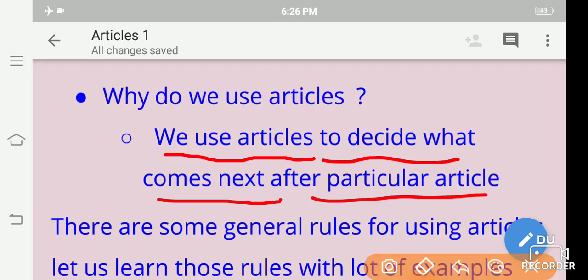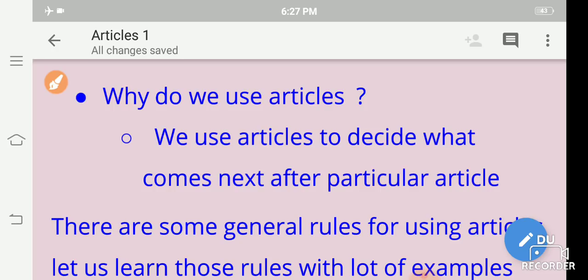Which type of word, what sounded word comes after a, what comes after an, and what comes after the. That is why we also call these articles determiners. Determiners means they are the deciders, they decide what comes after them.